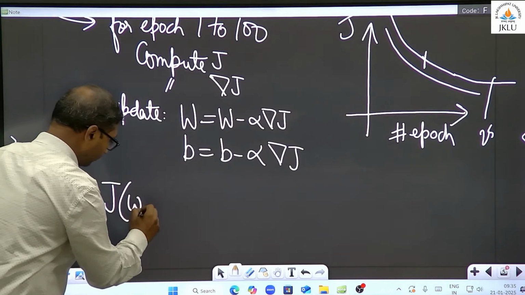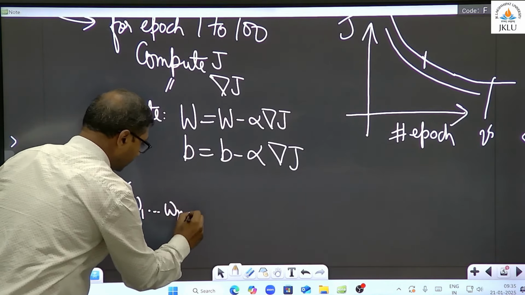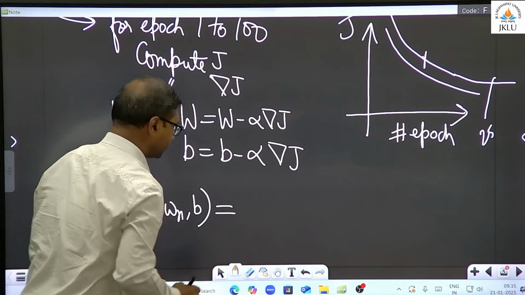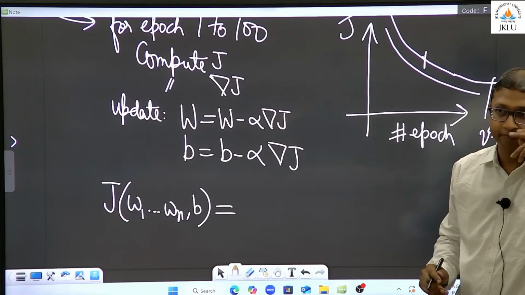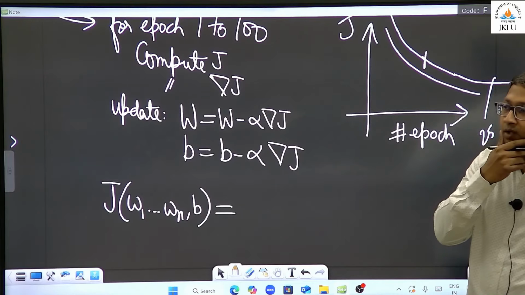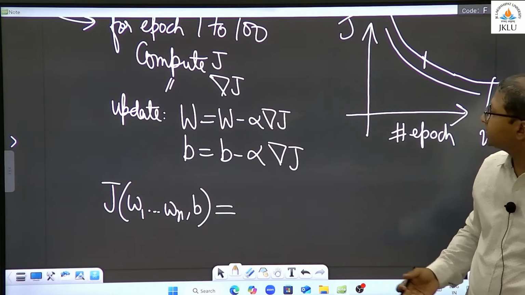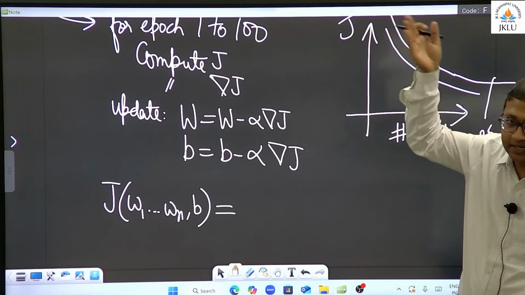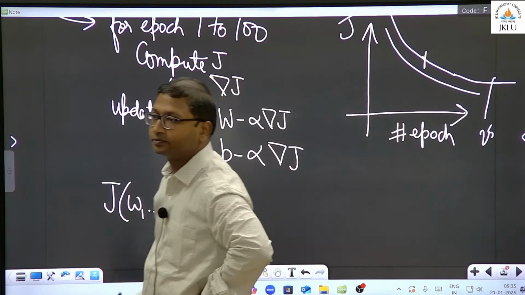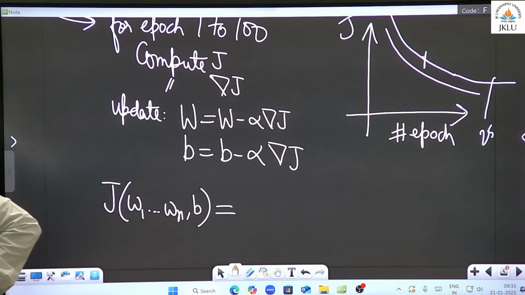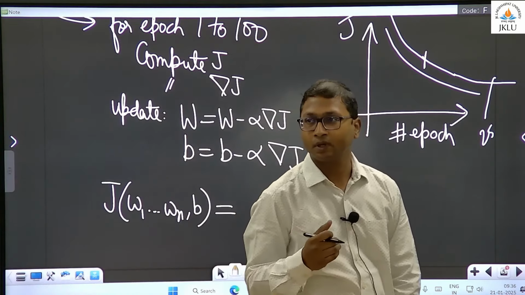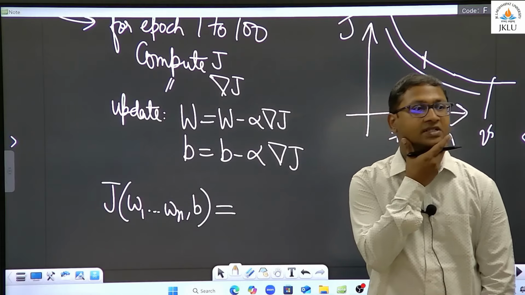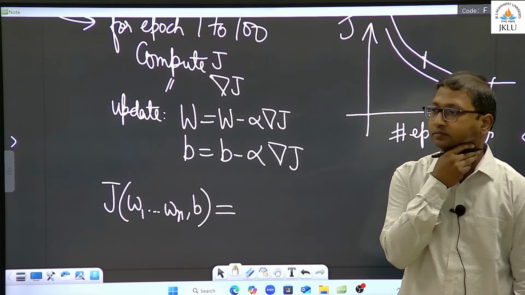So J of W1 all the way until Wn and b, this is... The question is why I don't want to use that same mean squared error. Why don't I want to use that same mean squared error?